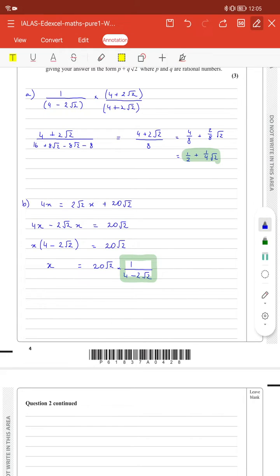So that would be the same as 20 root 2 times a half plus a quarter root 2. So this would give us 10 root 2. And if we were to work this out, we get 20 root 2 times a quarter root 2. And that would be the same as plus 10.